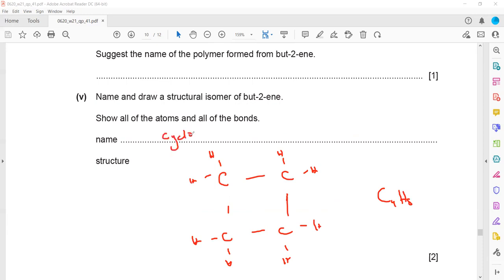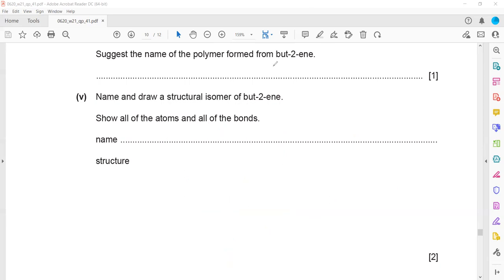This is cyclo because of cyclic, and but because of 4 carbons, and they have single bonds, so ane. So it is cyclobutane. So whenever you're drawing an isomer of alkene, you can either change the position of the double bond, or you can draw the cyclic compound.